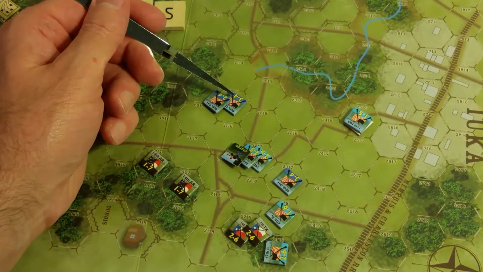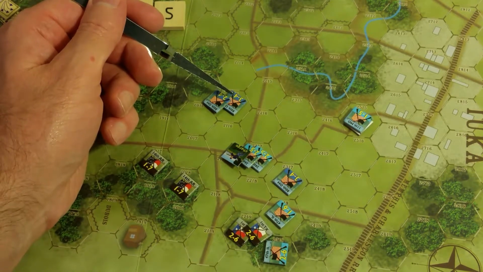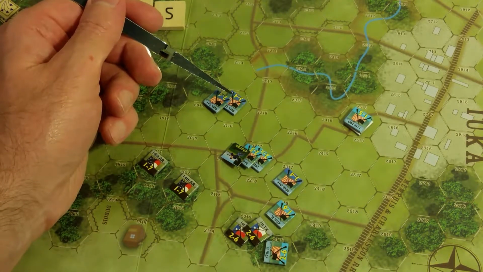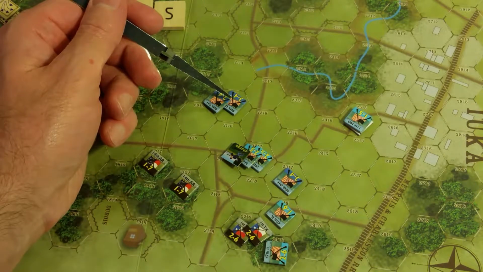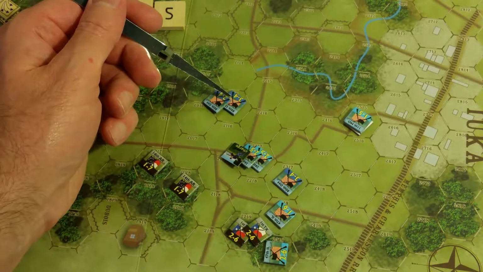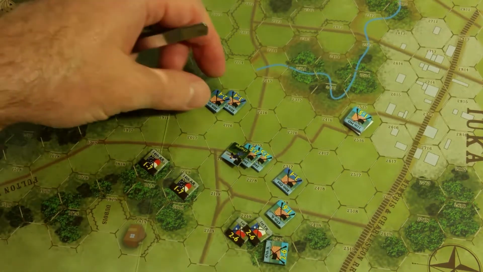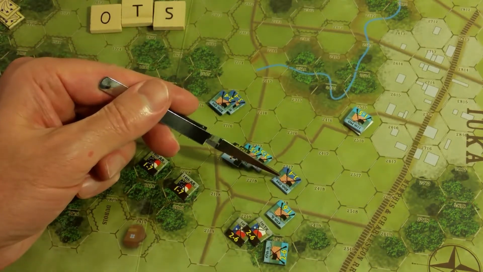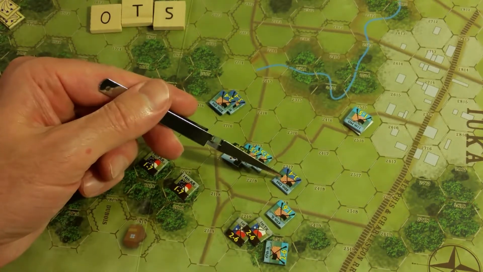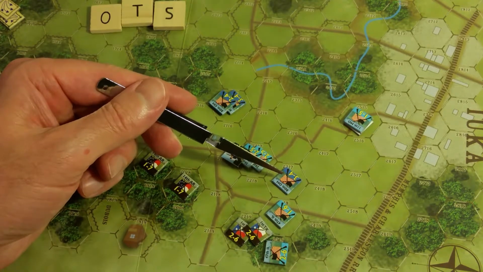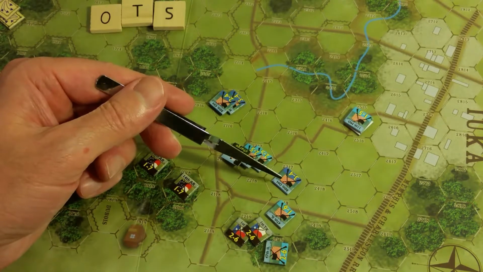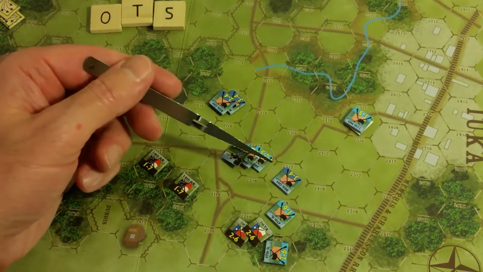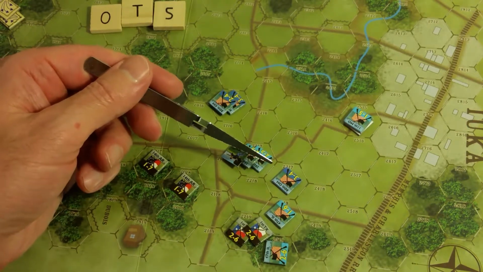The 3-4 faces a choice to advance into... what? No, I'm sorry, it's not the unit. This is the unit. Oh, this is also a 3-4, the 80th Ohio. Okay. Huh. That could have gone either way.